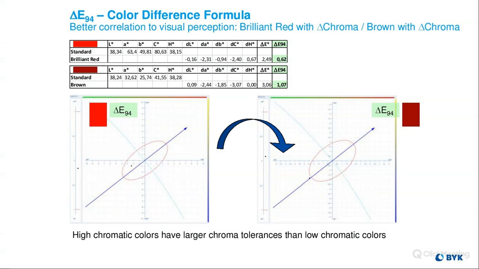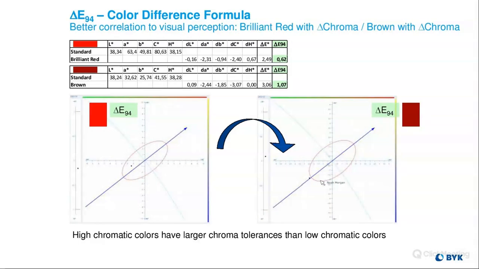Here's just another example of how a brilliant red, a high chromatic red, is different than an achromatic red-brown color. You can see here in delta E94 that the tolerance is a little different. We have a high chroma tolerance here versus, because it's a non-chromatic color, the chroma goes down.